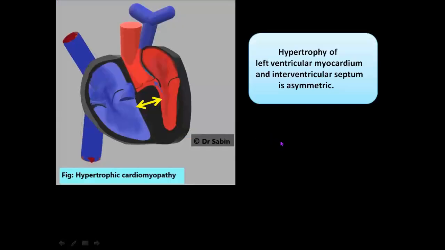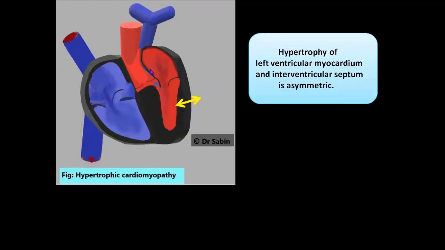In this slide, with the help of illustration, I am going to explain what is asymmetric septal hypertrophy. In hypertrophic cardiomyopathy, the thickness of both interventricular septum and the left ventricular wall is increased. This is interventricular septum, but the thickness of interventricular septum is more than the thickness of the left ventricular wall.